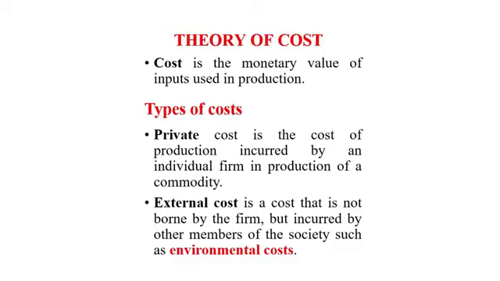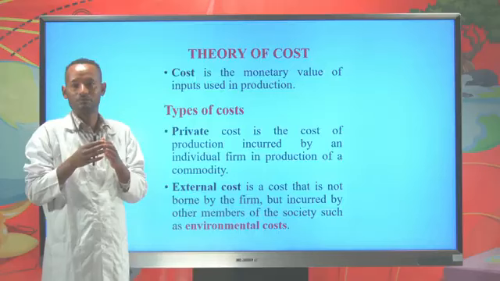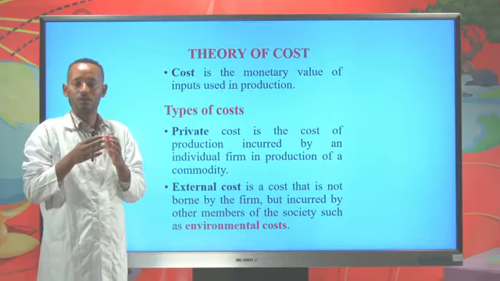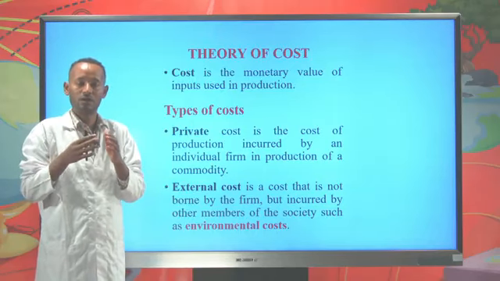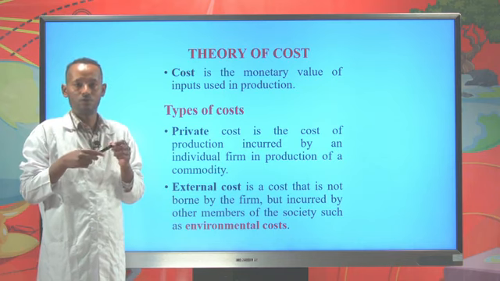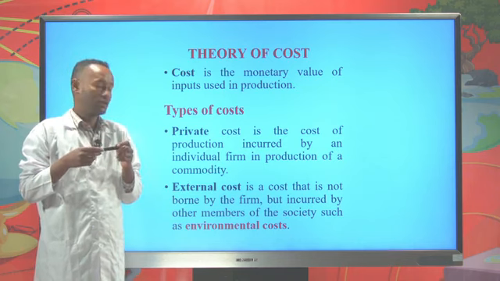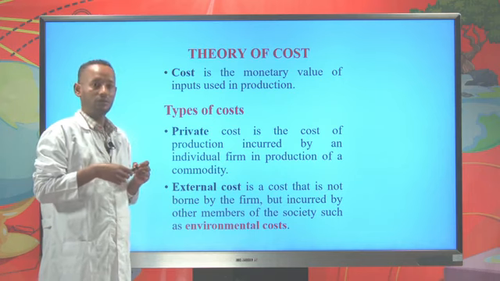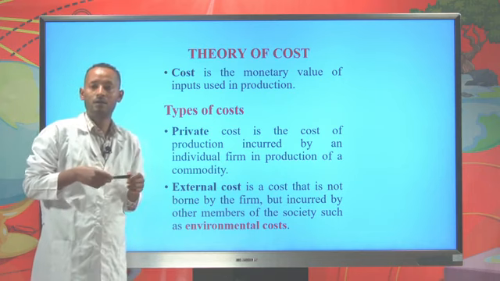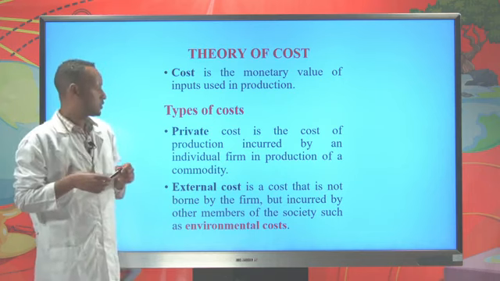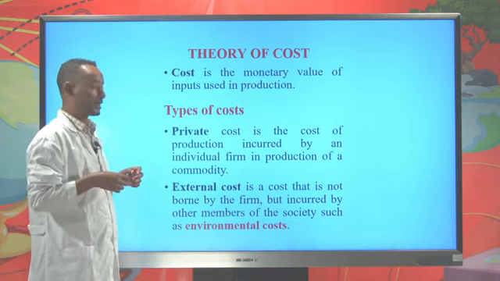When there is production, there are environmental problems associated with the production of a commodity, such as land pollution, soil pollution, noise pollution, and the like. These costs are incurred by members of the society. These costs are considered as external cost.